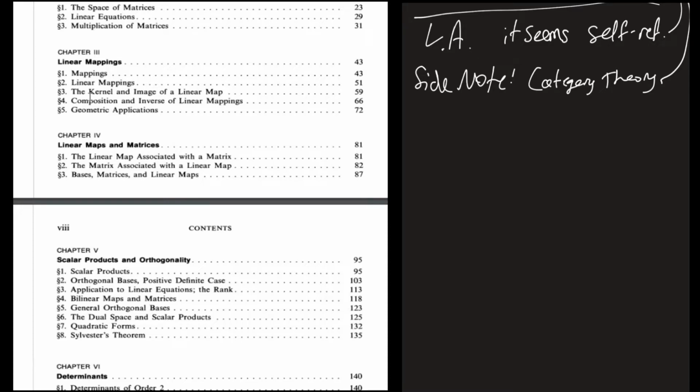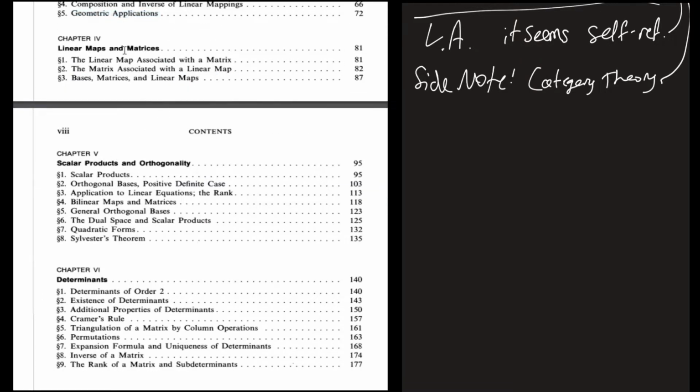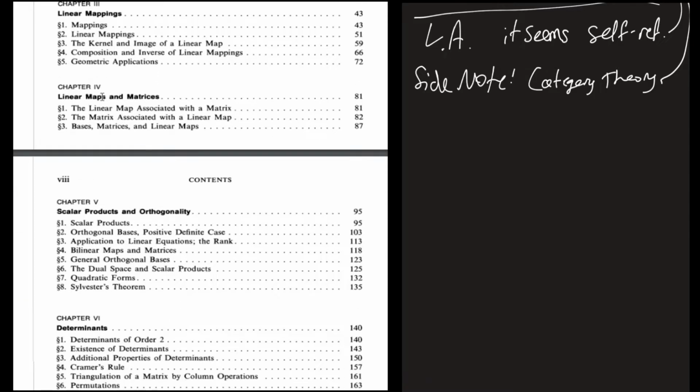We have the kernel and the image, very standard stuff. In terms of algebra, composition and inverse of linear mappings. Okay, that's going to be interesting once again because I have not studied that in a while, so I don't even know what that is. And some geometric applications. We love geometry.